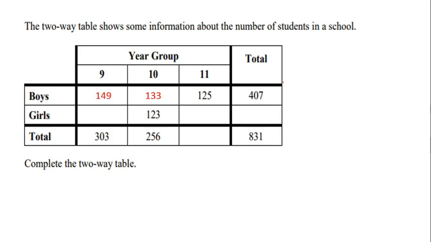We can then fill that one in, and then fill that one in, and that one, and that one. You're just looking for where there's only one space missing, and with any equation, one unknown and one equation means you can solve it. And so that's how you might fill in a two-way table.